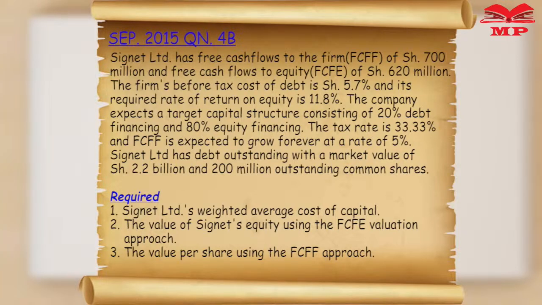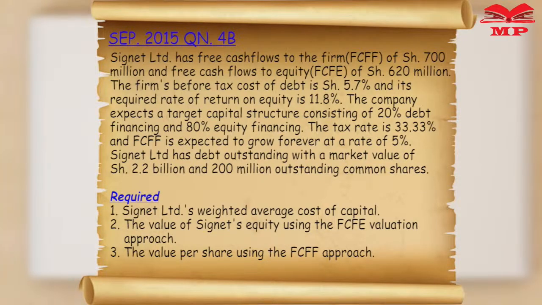The tax rate is 33.33% and FCFF is expected to grow forever at a rate of 5%. Signet Limited has debt outstanding with a market value of 2.2 billion and 200 million outstanding common shares.